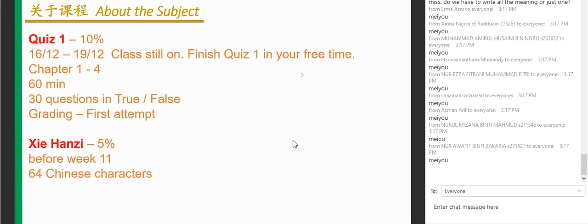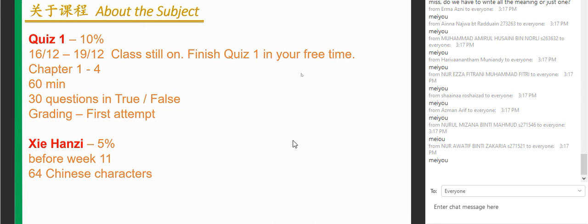So another thing I want you to remember, starting from now, you can already start to memorize your Chinese characters. In your quiz 2, oral test, reading test, all the 3 tests, we will give you Chinese characters. So you have to read the character and tell us what the meaning of it is.